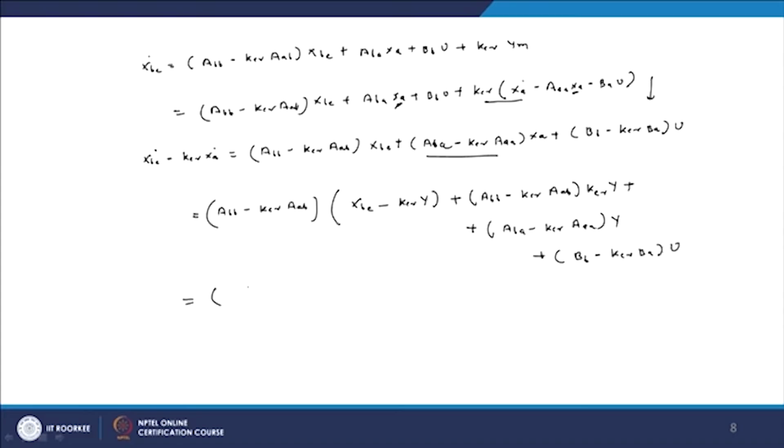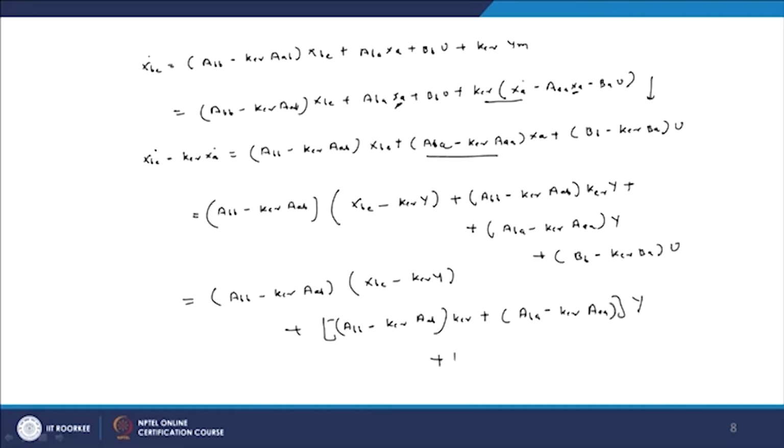So, ABB minus KER into AB, XBE minus KER into Y plus, now we take this Y common, and therefore we can write ABB minus KER into AB into KER plus ABA minus KER into AA, into Y, plus BB minus KER into BA into U.